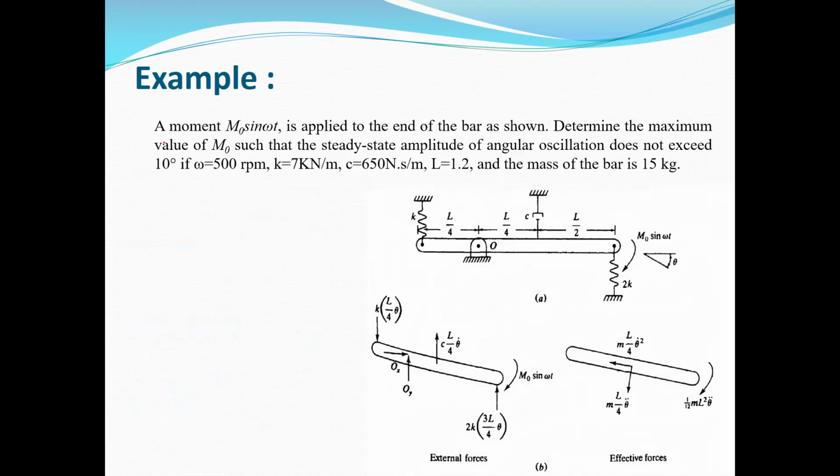The second example: a moment M naught sine omega t is applied to the end of the bar as shown here. You can see we have a rigid bar, which is subjected to this moment M naught sine omega t.